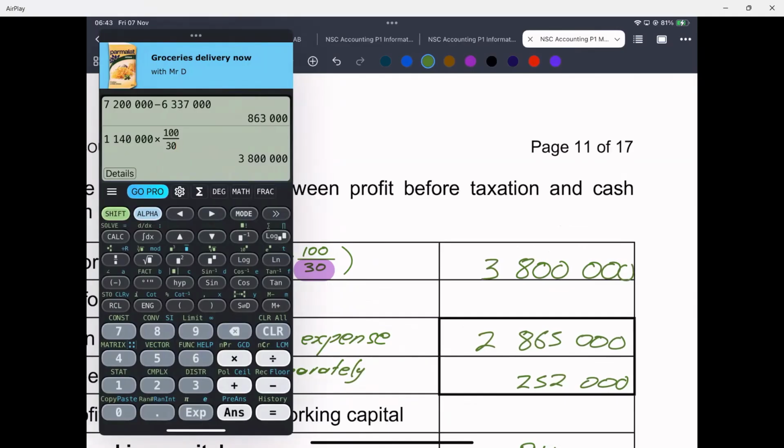Now adjustments 4, let's see what it gives us. It gives us 3,117,000. Add these two.